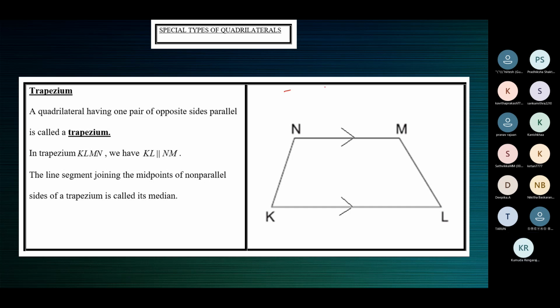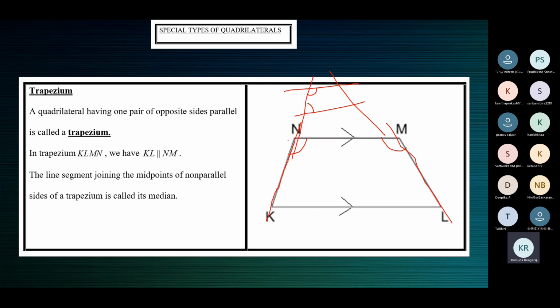There's one transversal like this, another one like this. So here are co-interior angles. Now you might think why these are not also co-interior angles. These are not co-interior angles because this one is not parallel to this one.